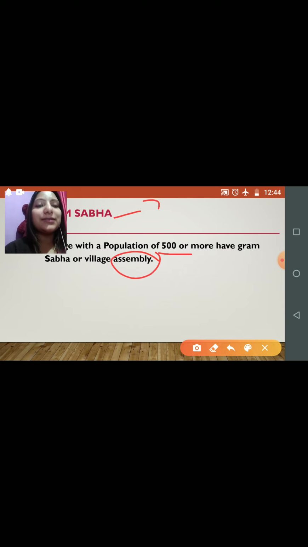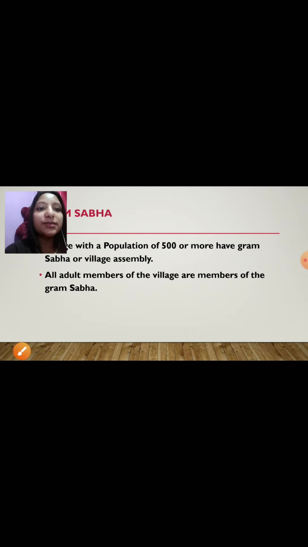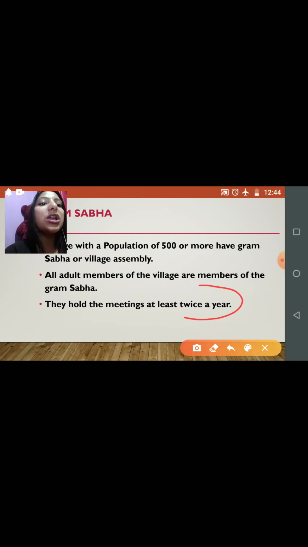The adult members of the village are the members of the gram sabha, which means that if you are 18 or above, you can be a member. They hold meetings at least twice a year. It is compulsory to have a meeting twice a year in your village assembly.